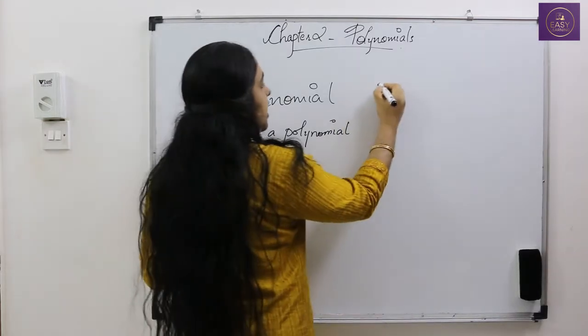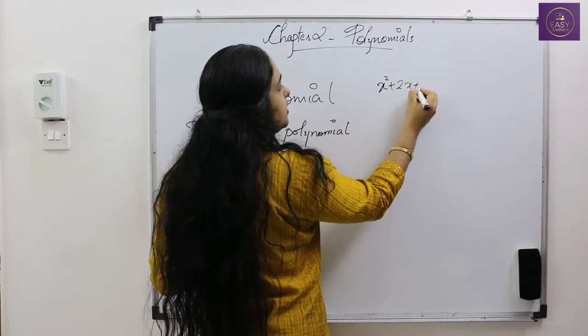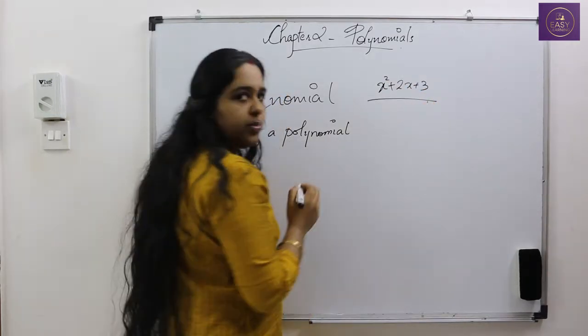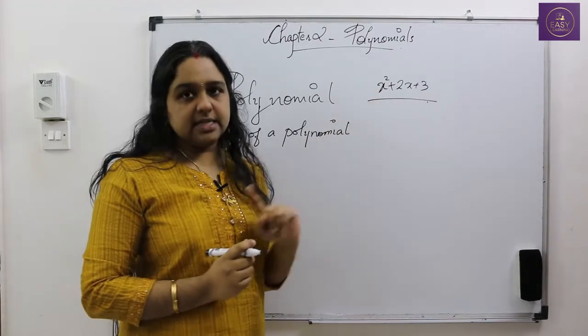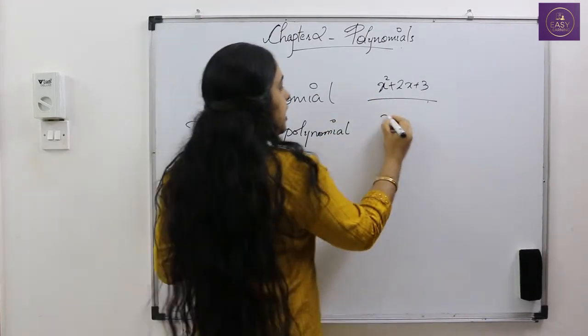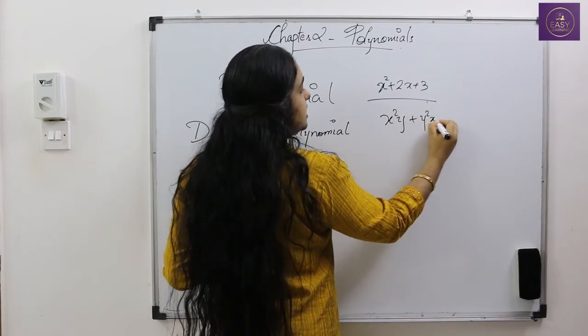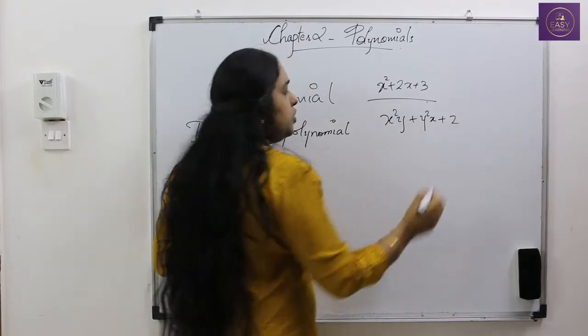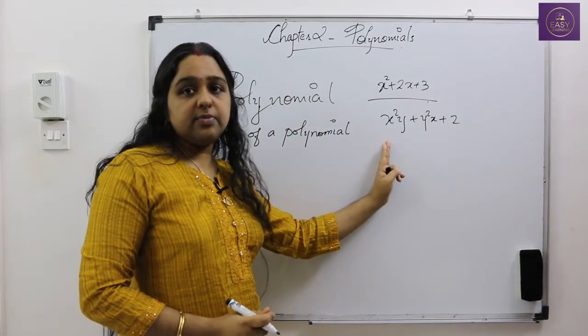Suppose x square plus 2x plus 3 is a polynomial with only one variable, x. Okay, x square y plus y square x plus 2 is also a polynomial, but we have 2 variables in this.